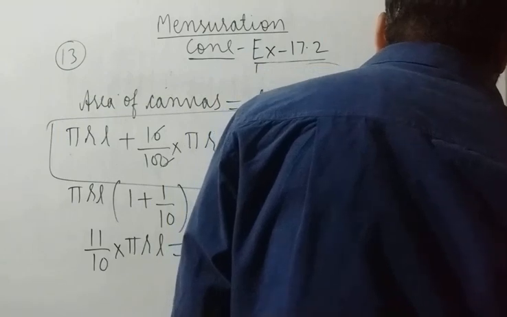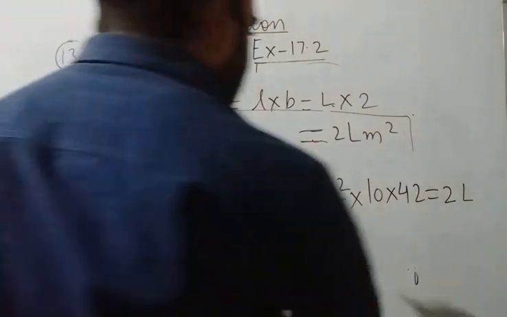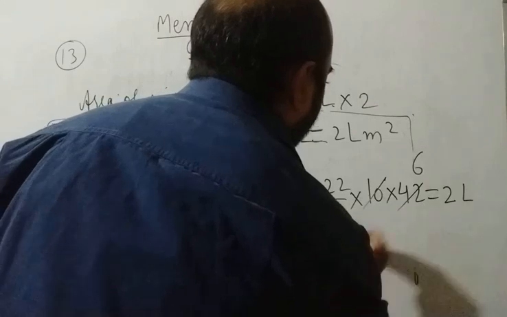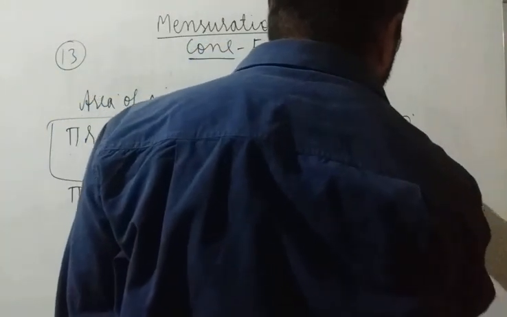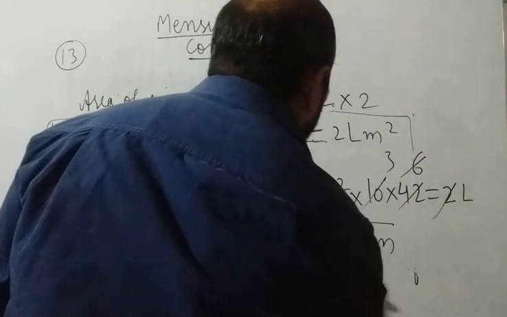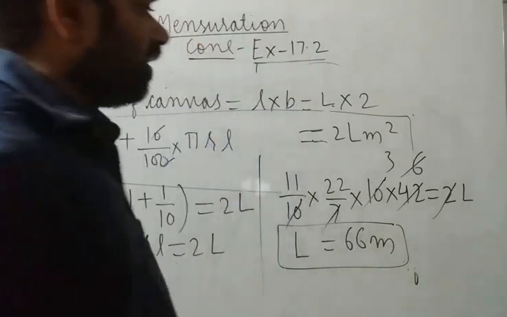And this is equal to 2 L. Correct? So this 10 and 10 cancelled. 7 into 6. So capital L will be, and this is 2 into 3. So capital L will be 66 meter. Correct? Capital L means length of the canvas used.